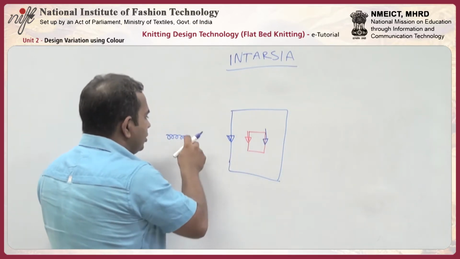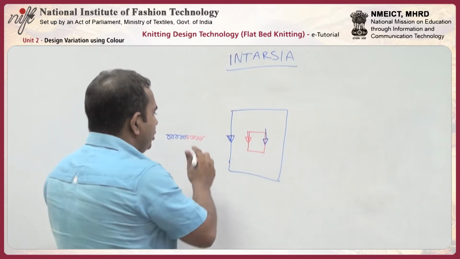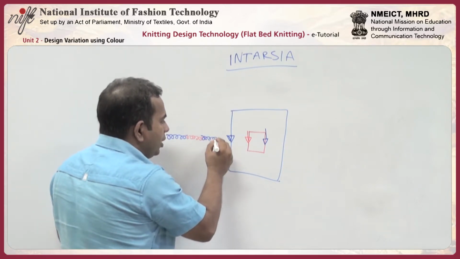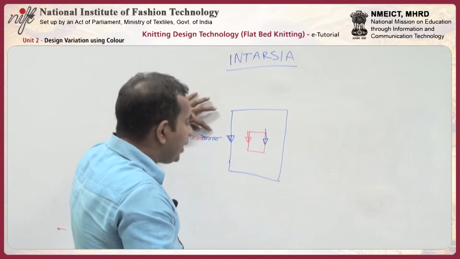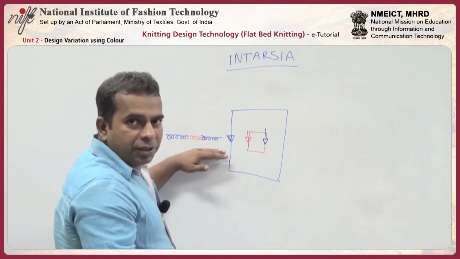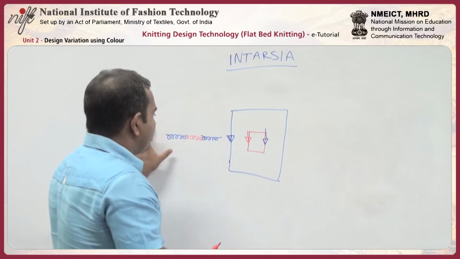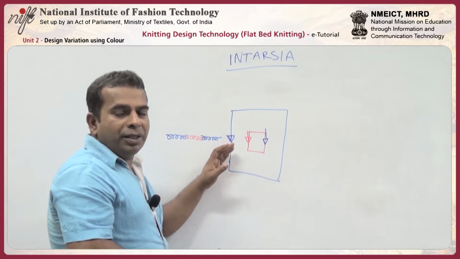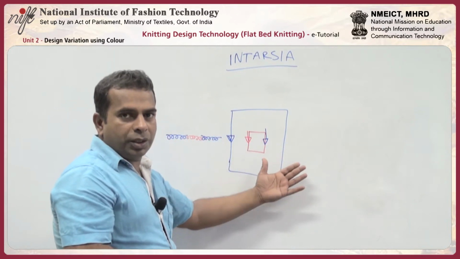The red feeder will take over and knit this part, and the third feeder with blue color will knit the third part. So there is no float, no back netting, nothing happening at the back. We have only the front design, whatever is required for us. This way we can reduce the wastage, and we can make very thin fabric with whatever designs are required.